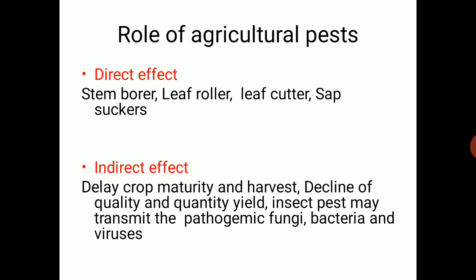When they damage the agricultural plants or crops, there are two effects, direct effect and indirect effect. In the case of direct effect, the pest mainly feeds on the crop plant either by biting, by piercing, by making a tunnel, or by sucking the cell sap.